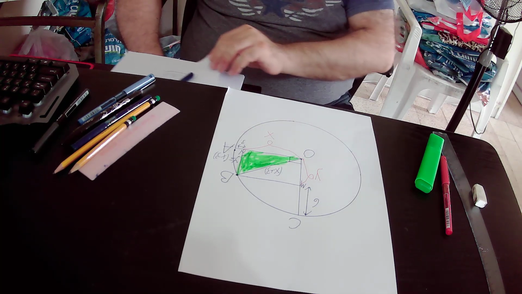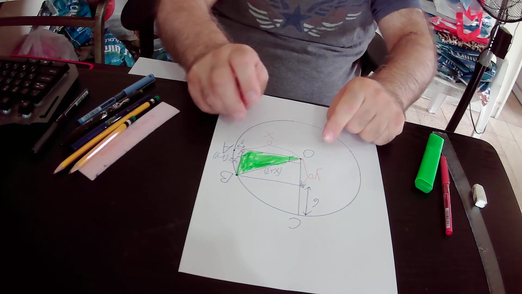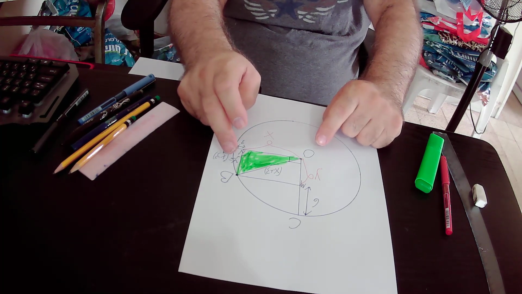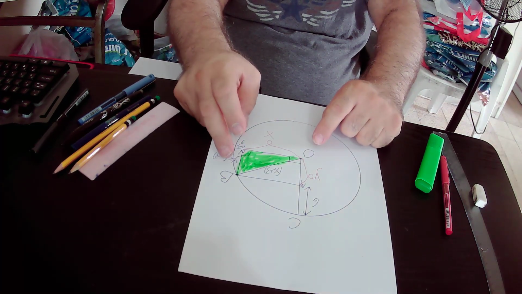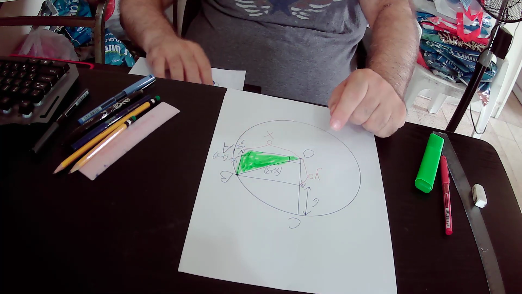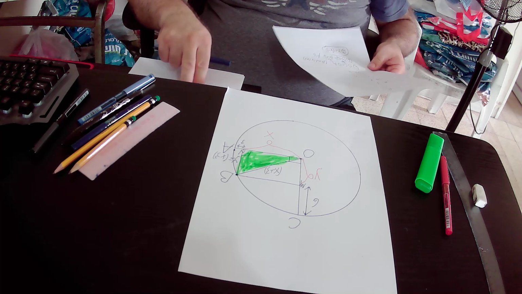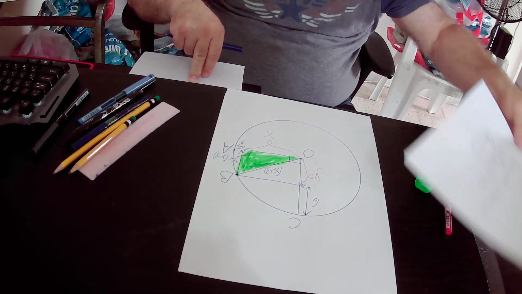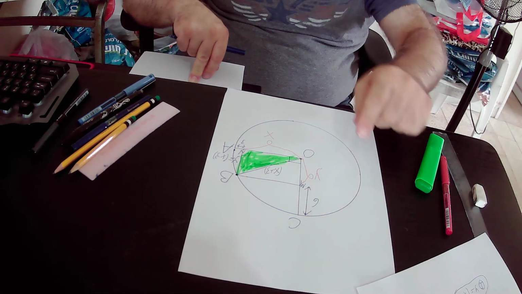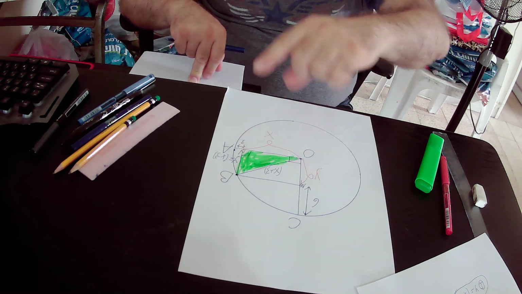According to the Pythagorean theorem, the square of the hypotenuse equals the sum of the squares of the perpendiculars. The square of the hypotenuse is x plus 3 squared.